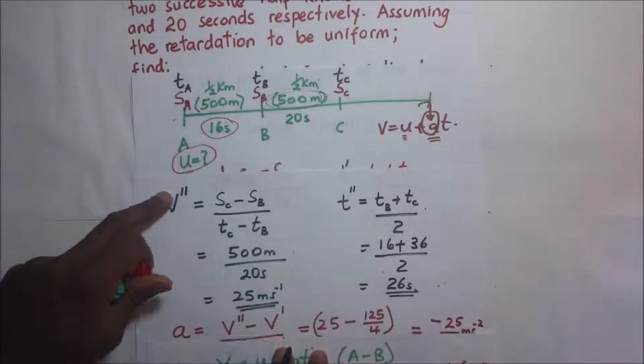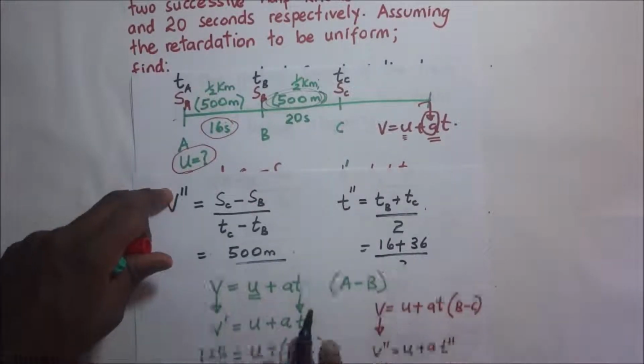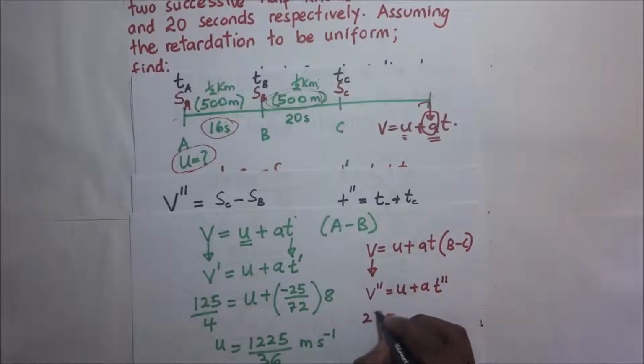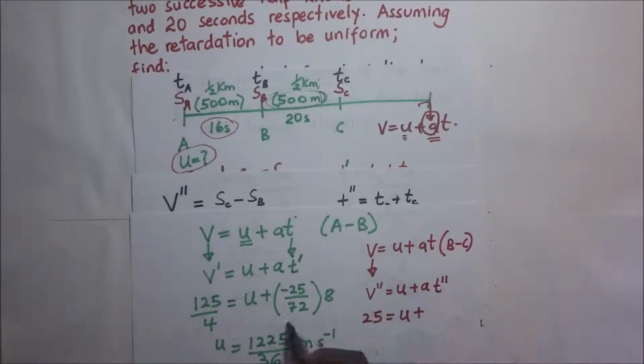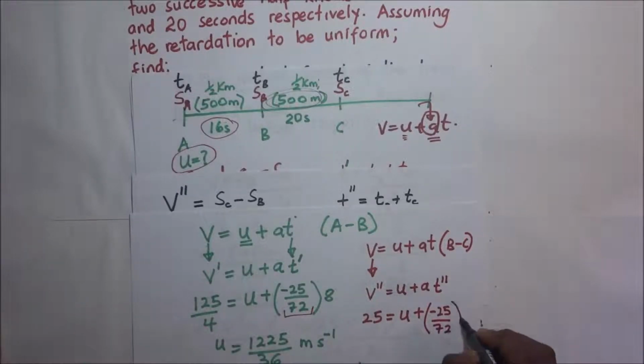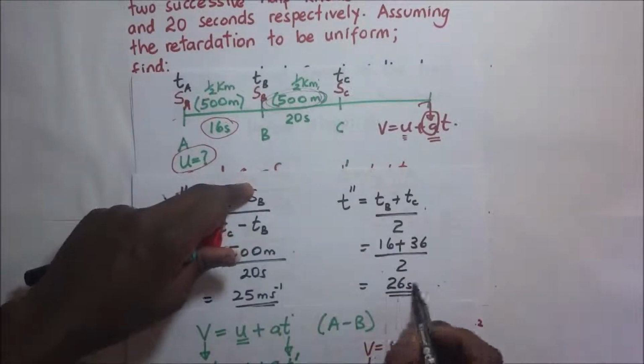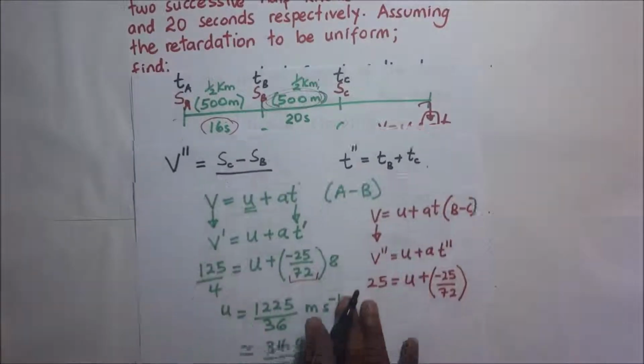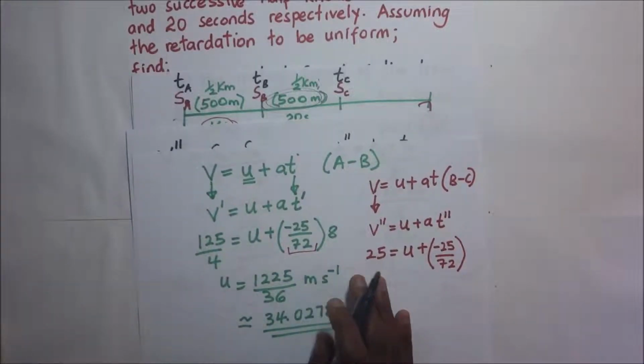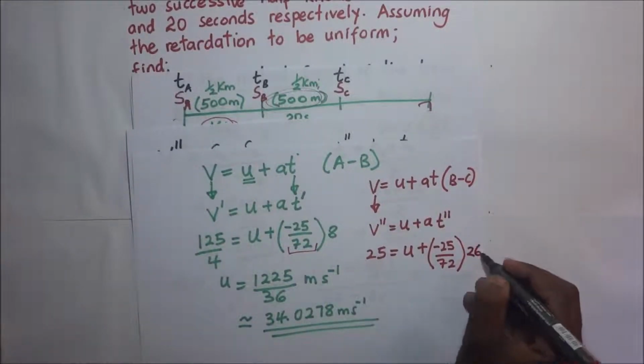So v prime prime, we got 25 meters per second, so 25 meters per second is equal to the u we are looking for, plus our acceleration, which is still the same, negative 25/72, times t prime prime. Now our t prime prime, from our earlier calculations, we got as 26 seconds.